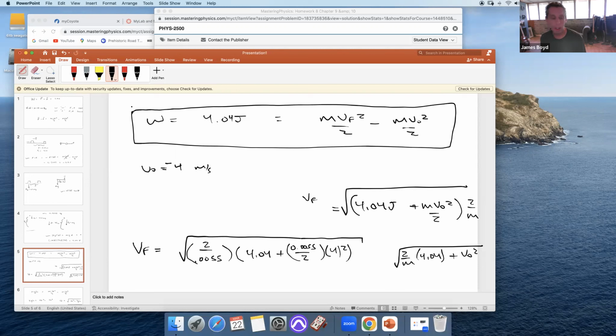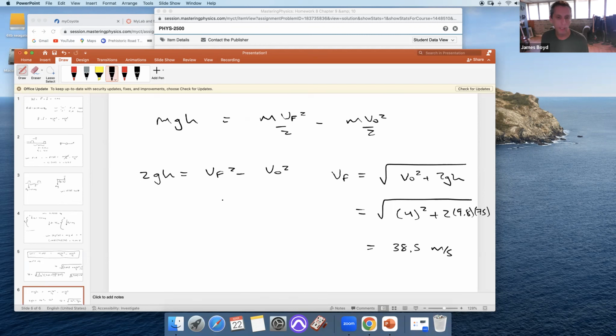Note that this was the same equation that we got for free fall.